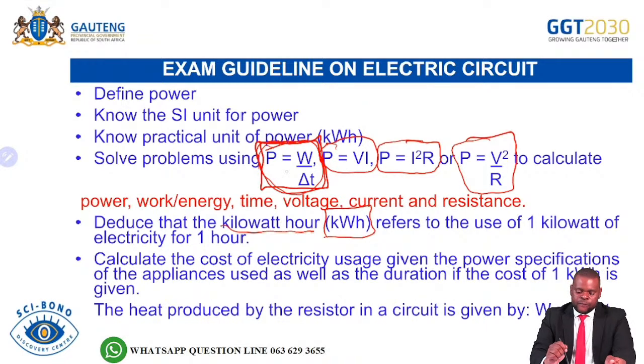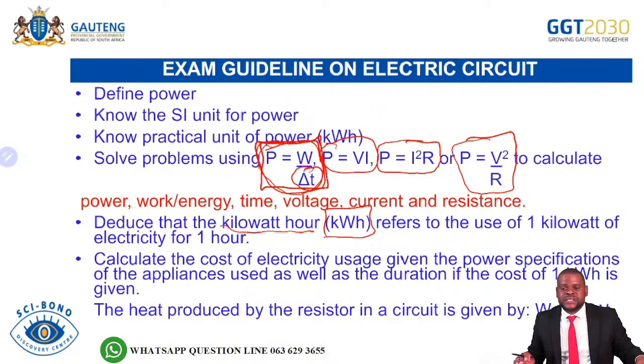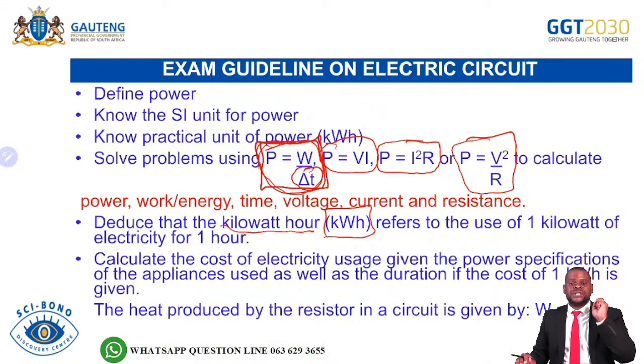This is the formula for power. That is the formula, a definition for power, because it talks about the rate. When you see the word rate, you must know that we divide by time. Always when you see the rate, you must know that we divide by what? By time. Okay, grade 12.